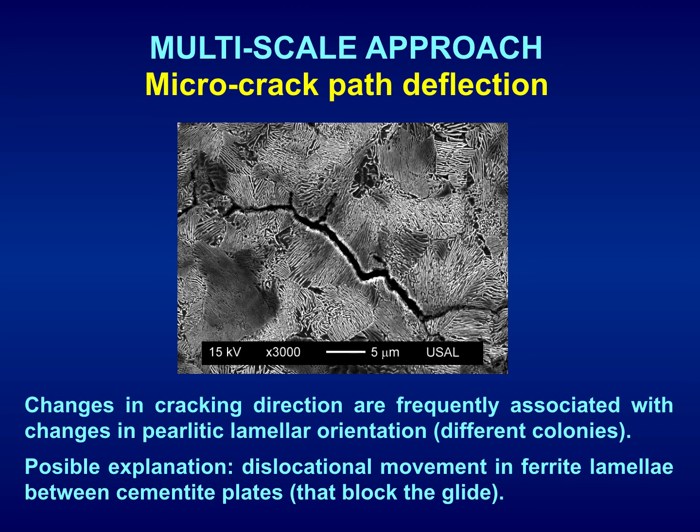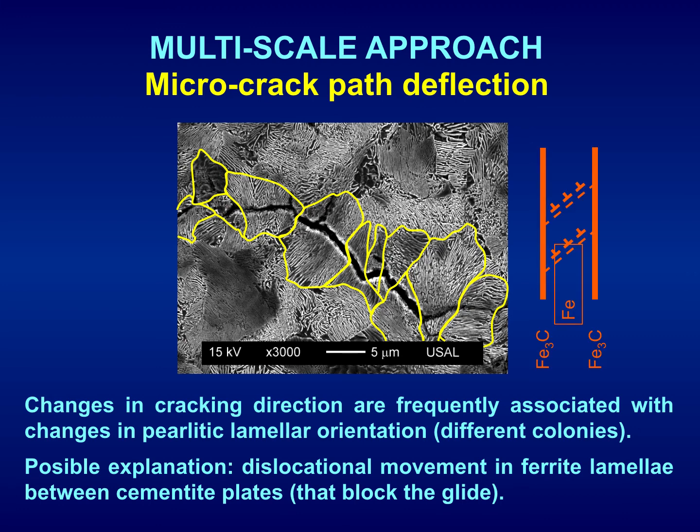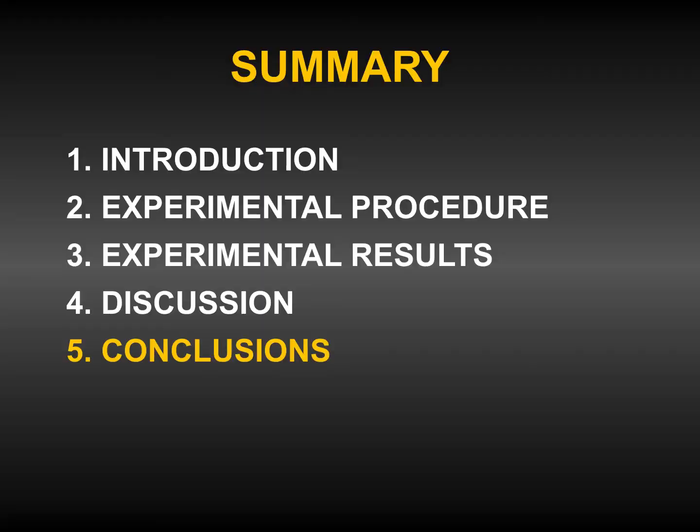Possible explanation: dislocational movement in ferrite lamella between cementite plates that block the glide. Here in yellow we have the colonies with different orientation of lamella and the cementite lamella blocking the dislocational movement, which is possible in the more ductile ferrite sheet.